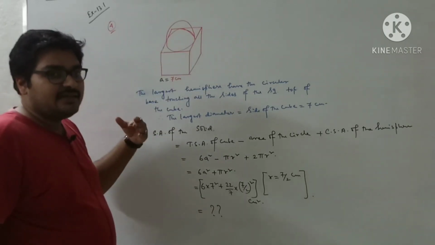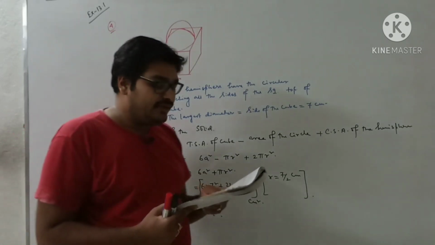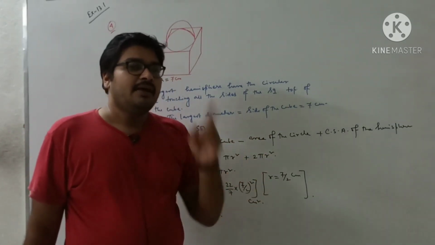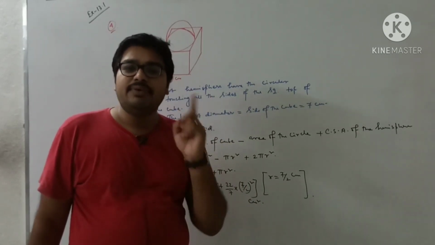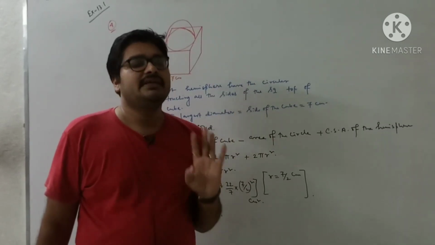Why it is and how to do it, you just think yourself. Question number 5 will be your homework. Okay? You try this. I think you can do this. Only keep in mind that whatever you can see from outside, everything will come in the total surface area.